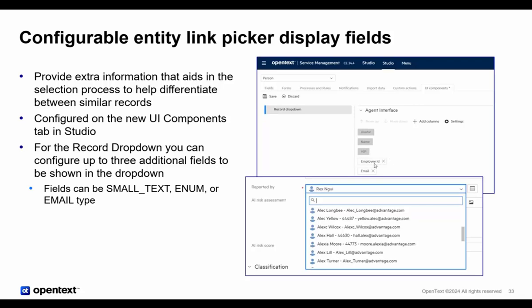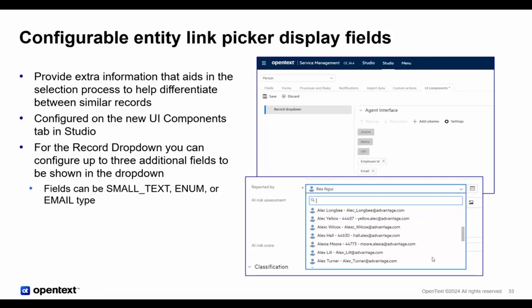And then I've gone ahead and added employee ID and email. And then you see in the dropdown for reported by, you can see these additional fields. So that's the icon, the name, and now you can see the employee ID and the email address.